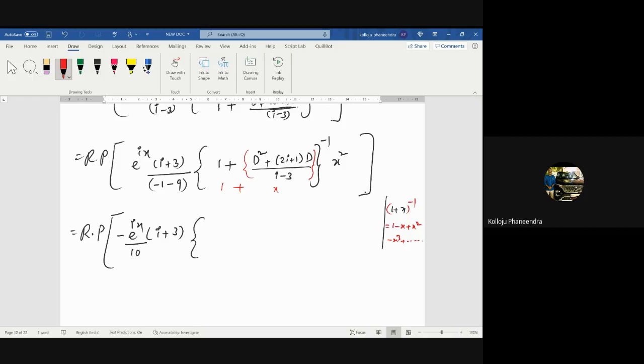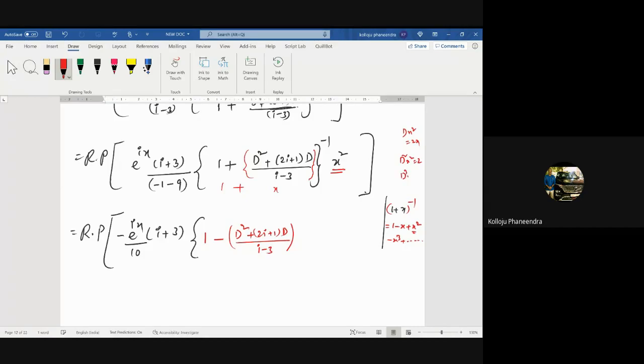Okay. Now first I am writing 1 minus x. Minus x means this term: D square 2i plus 1 into D by i minus 3, 1 plus x. Now x square is needed. What is this function? x square. For x square, how many derivatives exist? D of x square is 2x. D square of x square is 2.